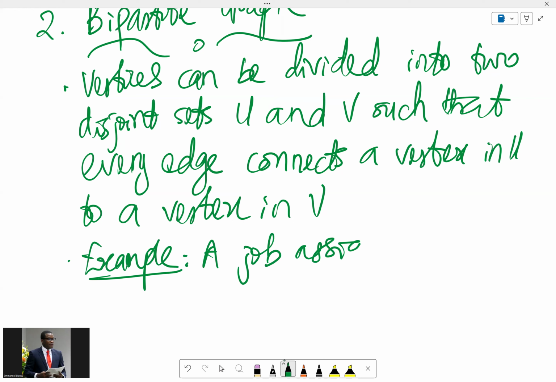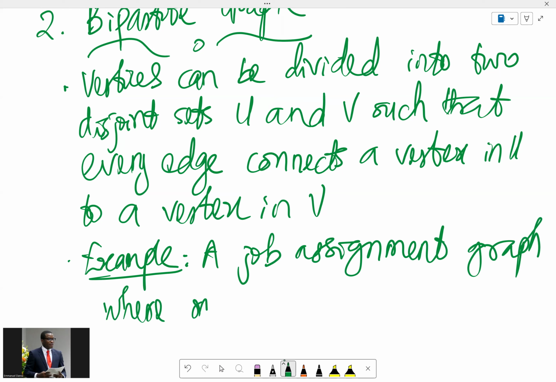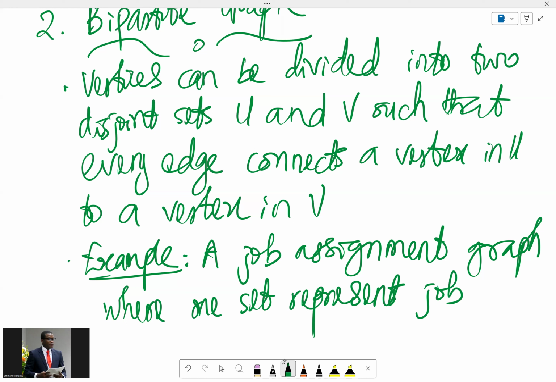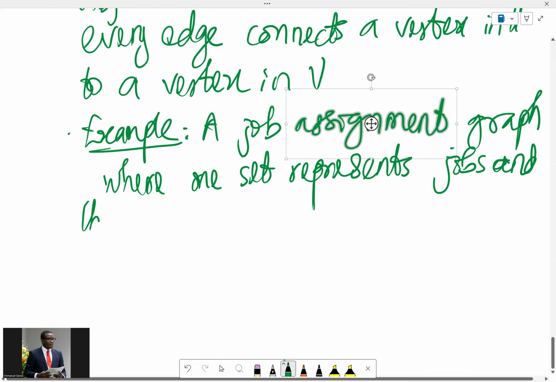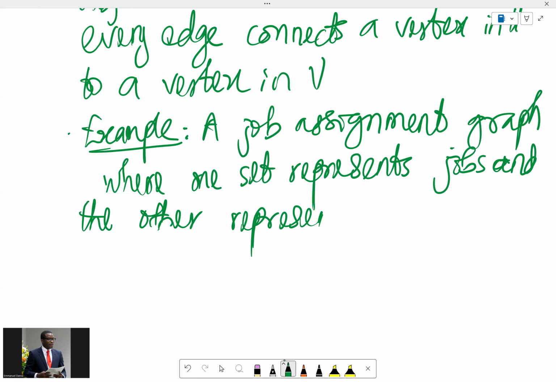You're assigning jobs to people, where one set represents jobs and the other represents workers. Okay, that's very imaginable.